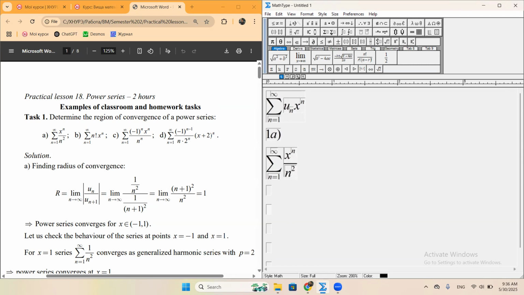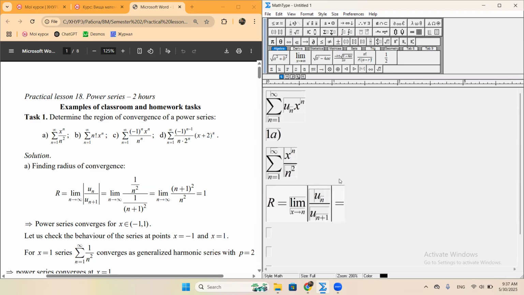So how to determine the region of convergence of such series? First of all, we have to find the radius of convergence. In this case, we will use a formula similar to the D'Alembert test, but the fraction is turned over. In the D'Alembert test for convergence of numeric series, un plus 1 is in the numerator and un is in the denominator, but here it is vice versa.